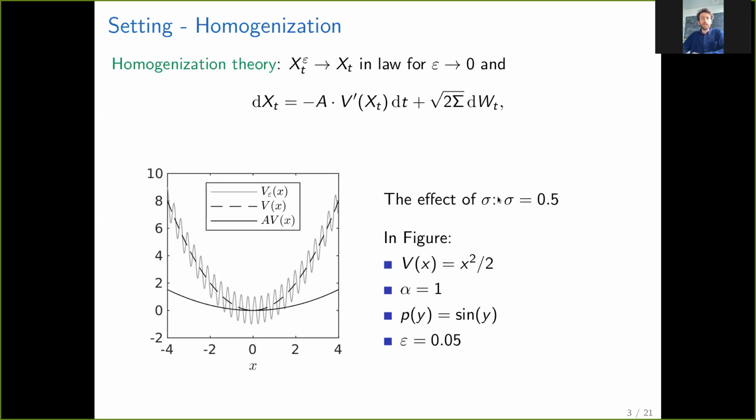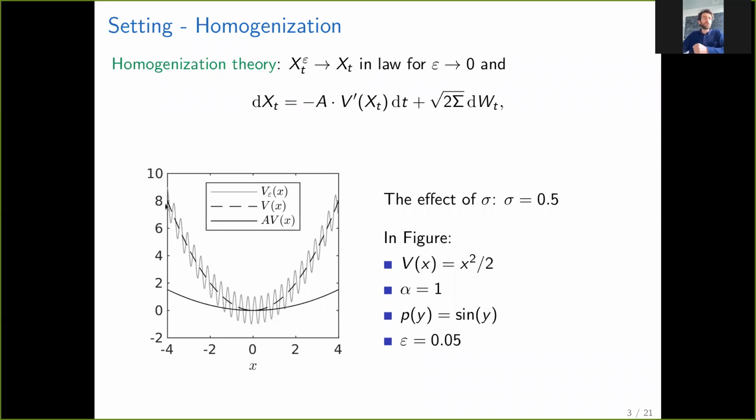Here we take sigma equal to 0.5, and we can see that the effective potential, so this A scalar V prime, or just A V in this case, has a much smaller slope with respect to the slow scale of the multiscale potential.